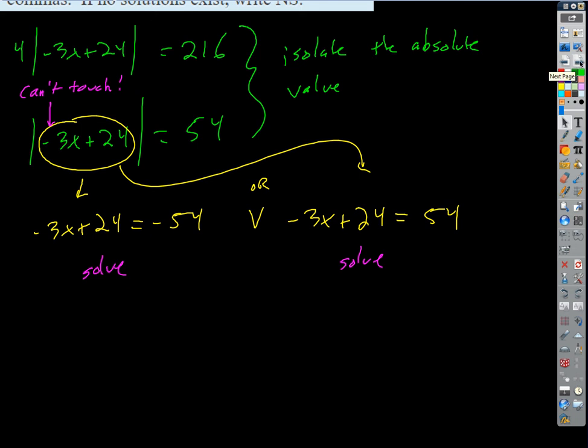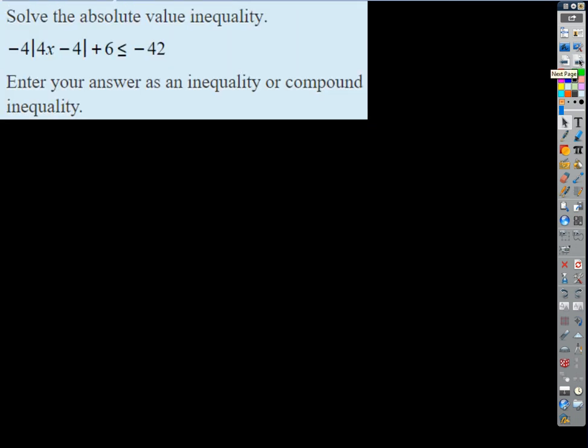Okay, so how about one like that? We've got to isolate the absolute value, right? So we're going to isolate the absolute value, which means what two steps in order?